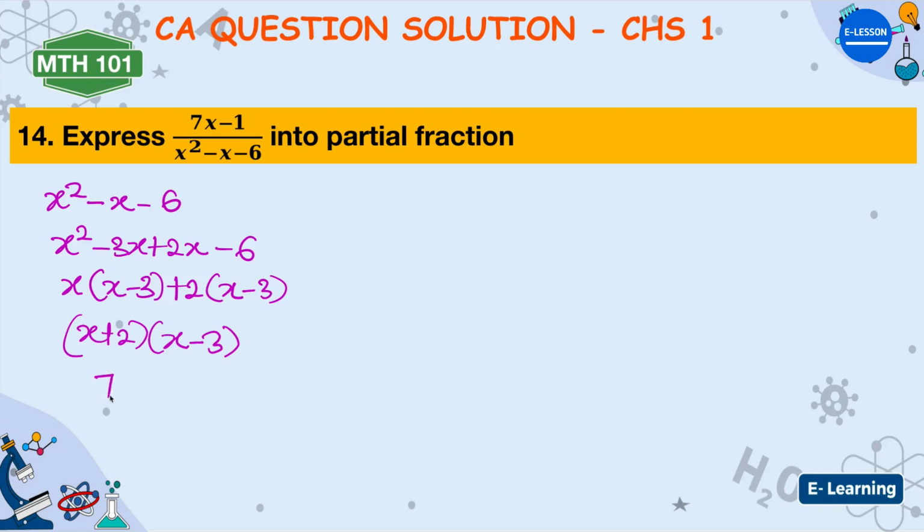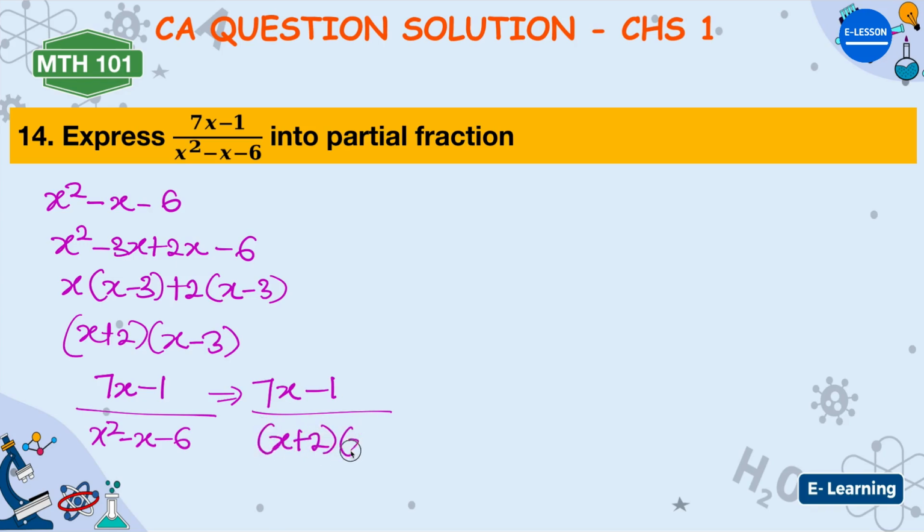Now, this will give us 7x minus 1 all over x squared minus x minus 6, which is still the same thing as 7x minus 1 all over x plus 2 bracket x minus 3.